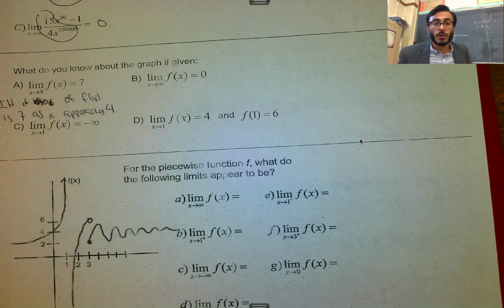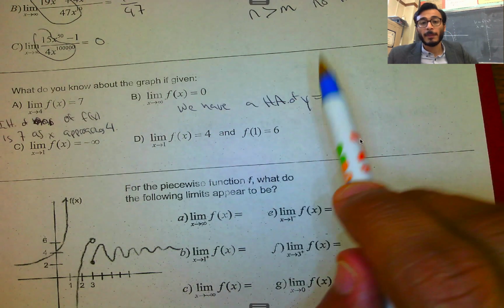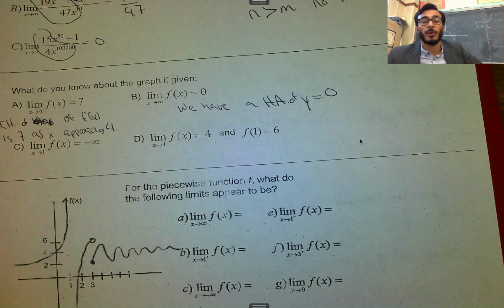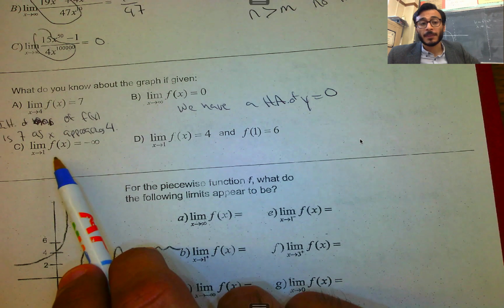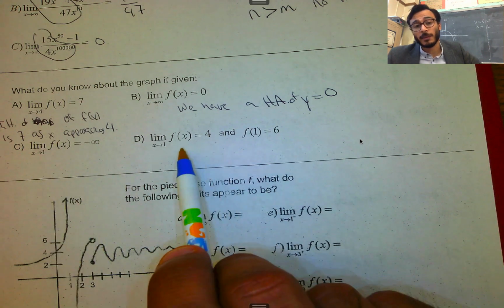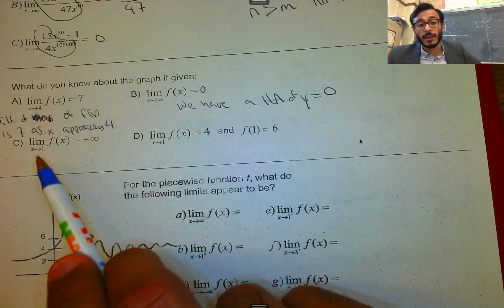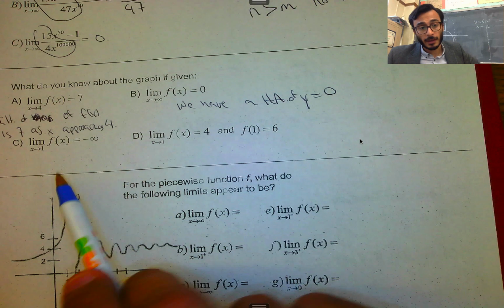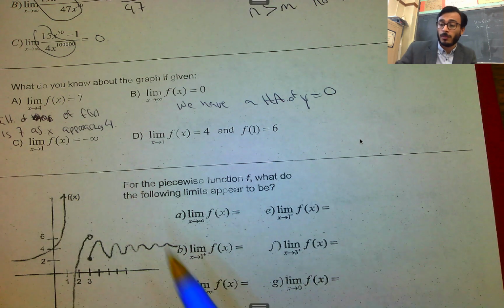Letter B, we're told the limit as x approaches infinity of f is equal to 0, then that means you must have a horizontal asymptote at y equals 0. So now look at letter C. Letter C says the limit as x approaches 1 of f is equal to negative infinity. So in this case, where the limit is equal to an infinity, that's indicating that there's a vertical asymptote.